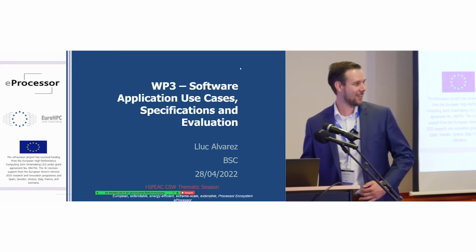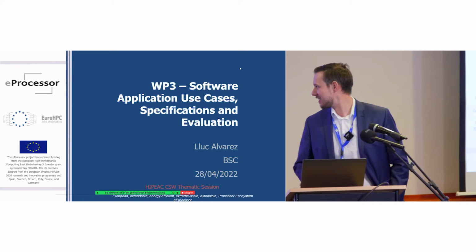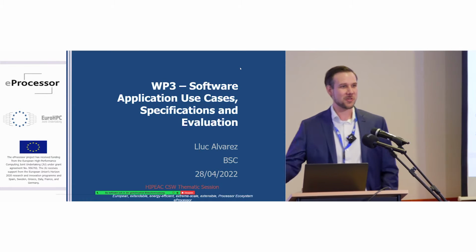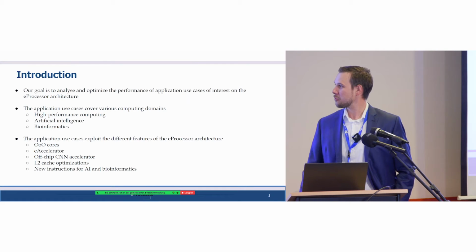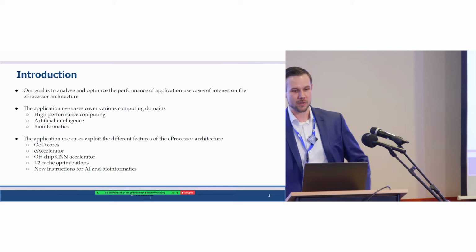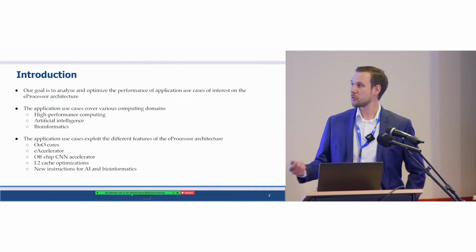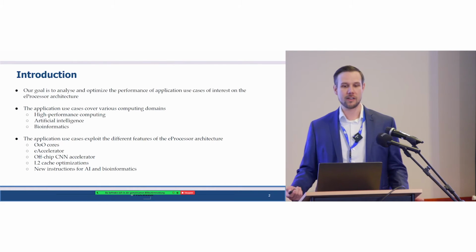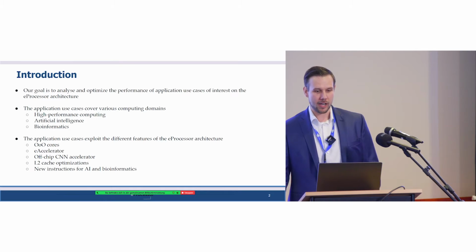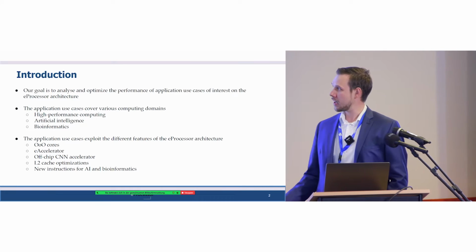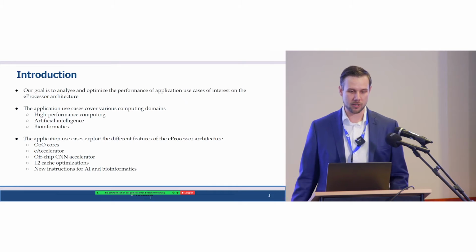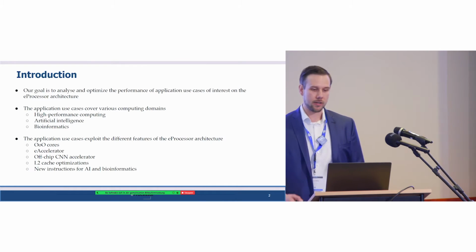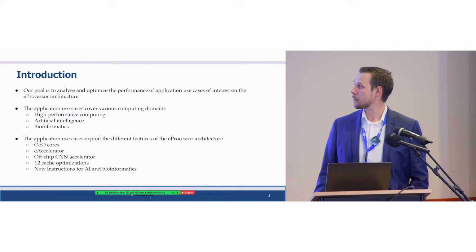I will give over very briefly and just take a few minutes to introduce the first use case because I already touched on it. But I will give an introduction. Our goal with the eProcessor is to optimize the performance of our applications and use cases with it. The applications cover various domains from high performance computing over artificial intelligence, and we are touching on bioinformatics later.